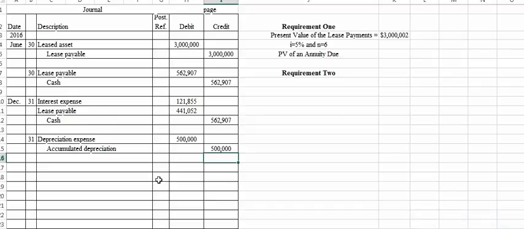Okay. Now, on requirement 2, they ask us, what amounts related to the lease would Georgia Atlantic report in its balance sheet at December 31, 2016, ignoring taxes? Okay, they would have lease payable as a liability. I guess we could start with the asset.